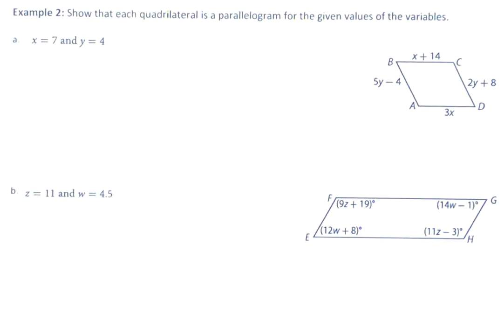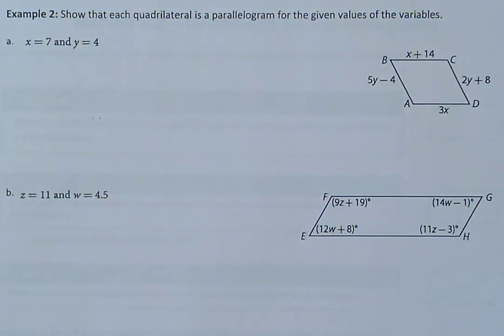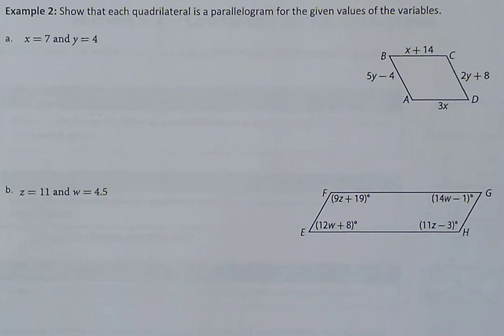Alright, example 2 is going to ask us to show that each quadrilateral is a parallelogram for the given values of the variables. Now, if you notice, for part A, it's going to look at side lengths. Part B is going to look at angle measures.